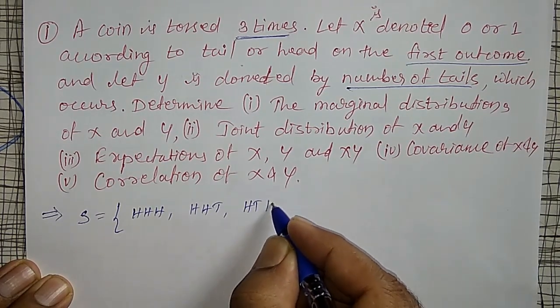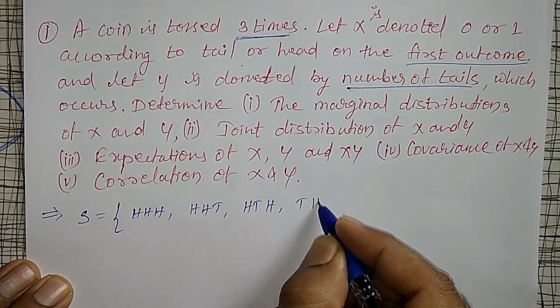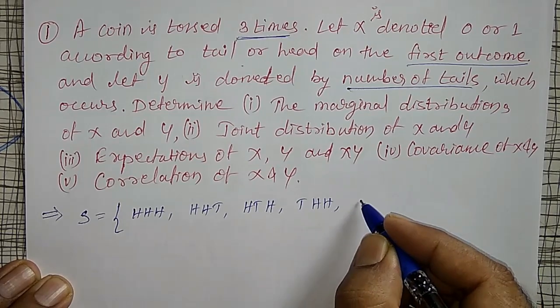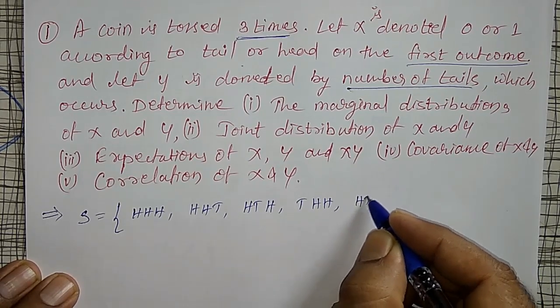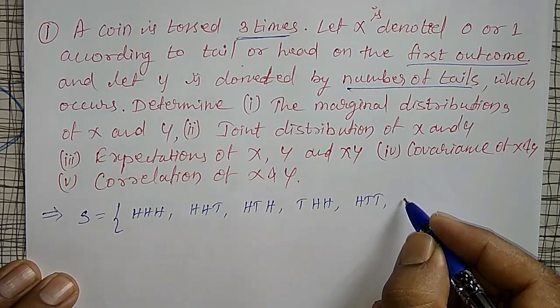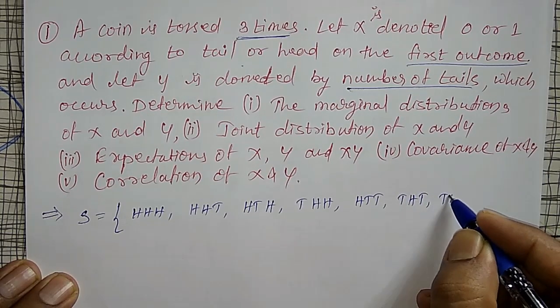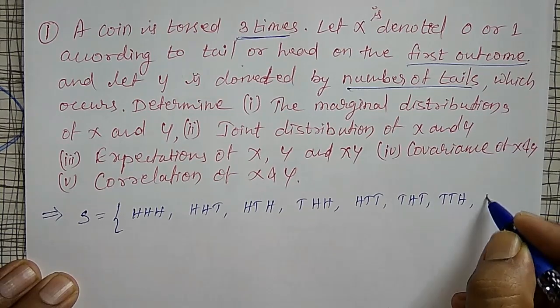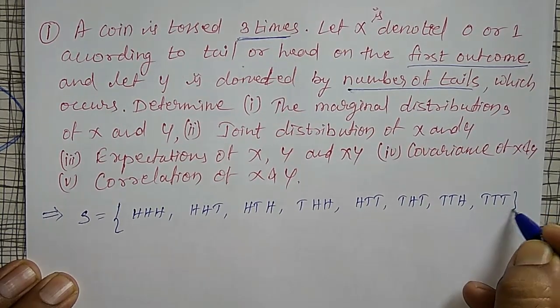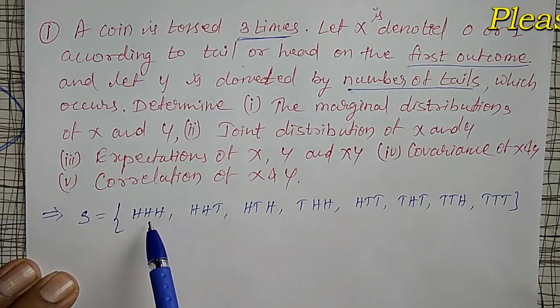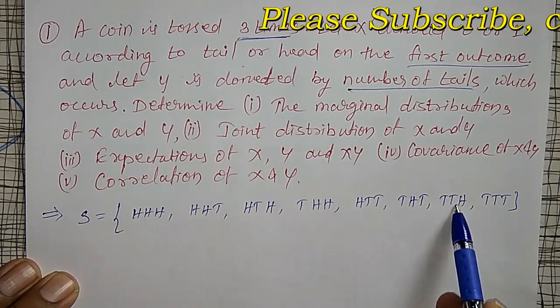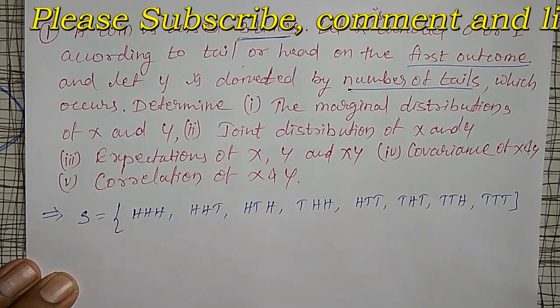Head, head, head; head, head, tail; head, tail, head; head, tail, tail; tail, head, head; tail, head, tail; tail, tail, head; tail, tail, tail. Total 8 possible outcomes are there.